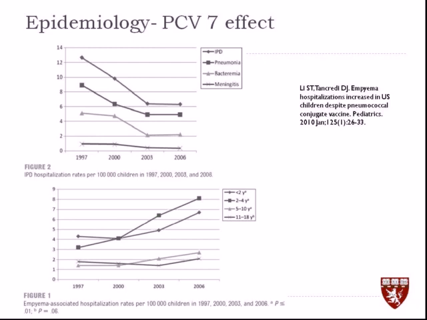What is worrisome, and this is unfortunate, is that yes, we were seeing fewer pneumonias, but the pneumonias that we see are a little bit more complicated. The reasons behind this are very numerous, so we're not going to go into this.